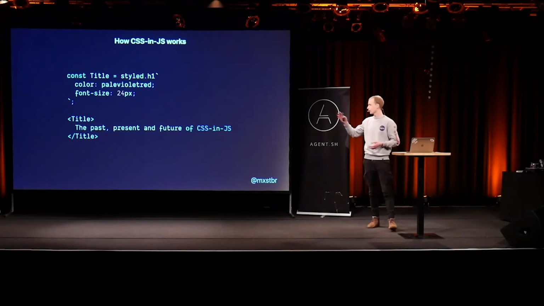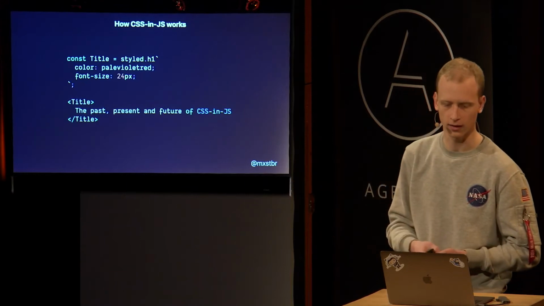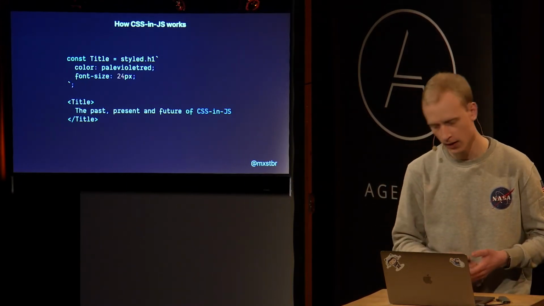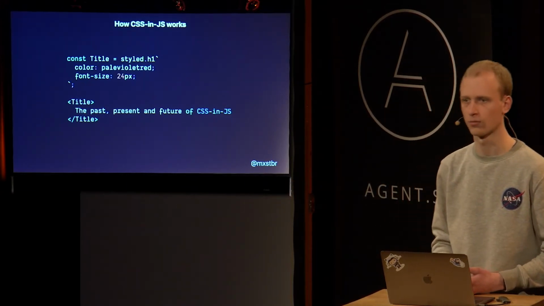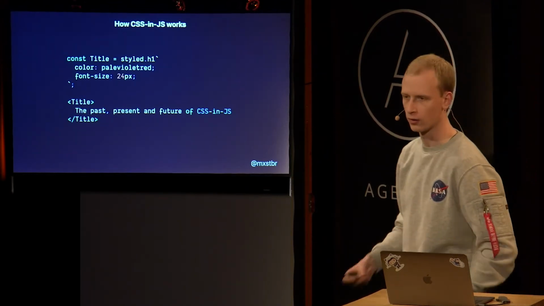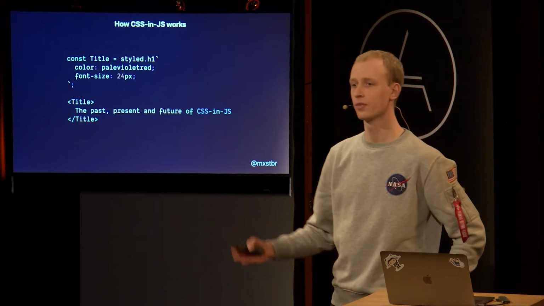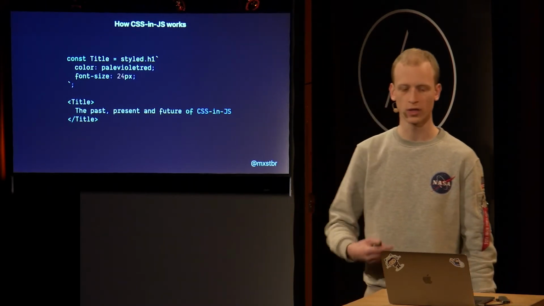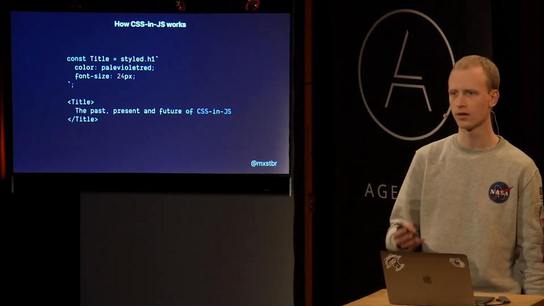And it will be styled with whatever styles we pass into the tag template literal. So in this case, our title will have a color of pale violet red and a font size of 24 pixels. We can then use this component like any other React component that you're used to. Now, under the hood, we actually go ahead and create a very unique class name for you.